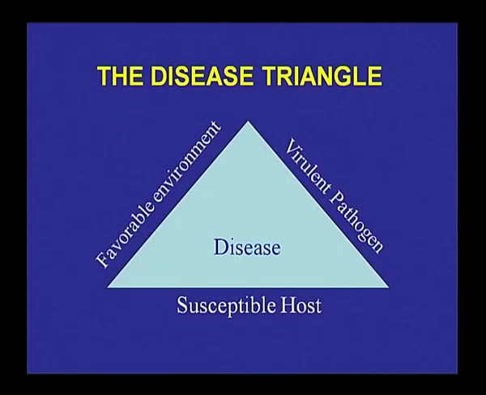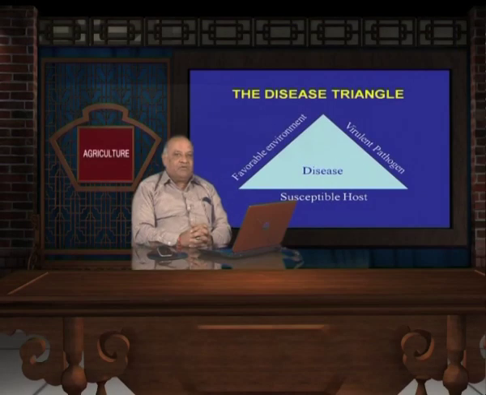We know that there is a disease triangle. For developing a disease, three factors are very important. First is the susceptible host. If our host is not susceptible, the disease will not occur. Then there should be a favorable environment. Disease appears only when the environment is favorable for its development, and then the virulent pathogen.